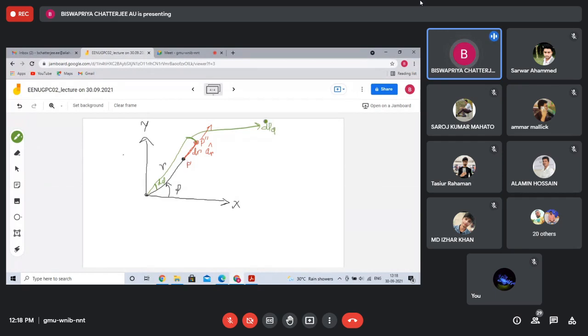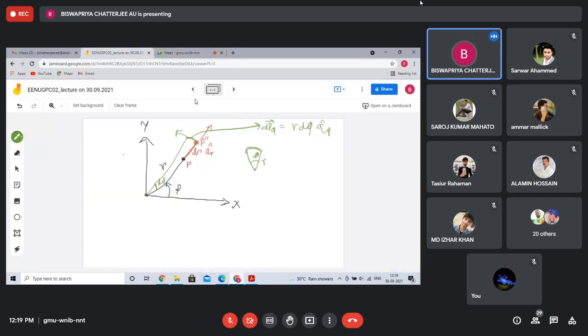Now tell me, if this is r and this is d phi, what is this arc equal to? Yes, r into d phi. That is the explanation. It is r d phi, directed along the positive phi direction, that is why it is a phi cap. Okay, you understood.